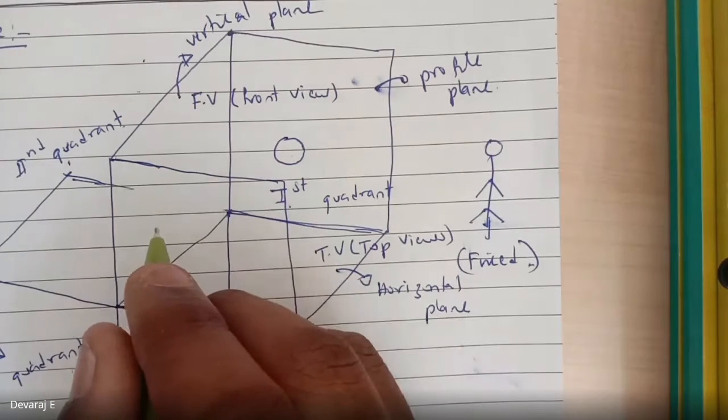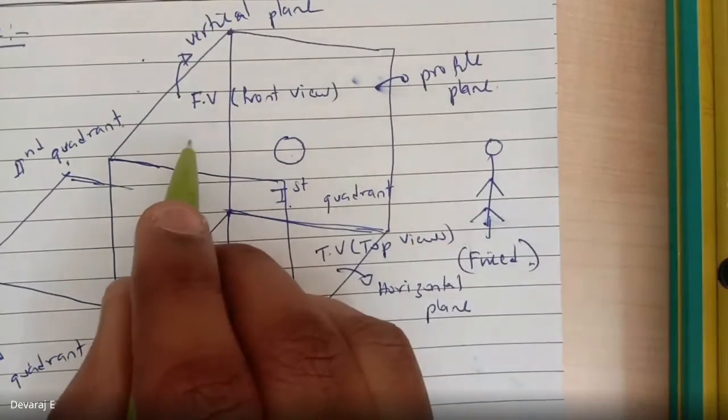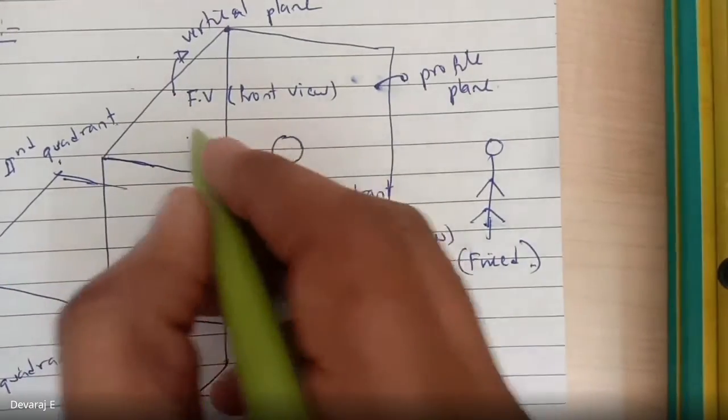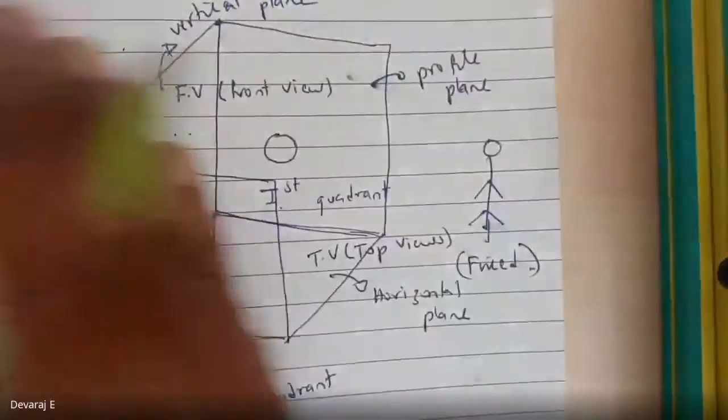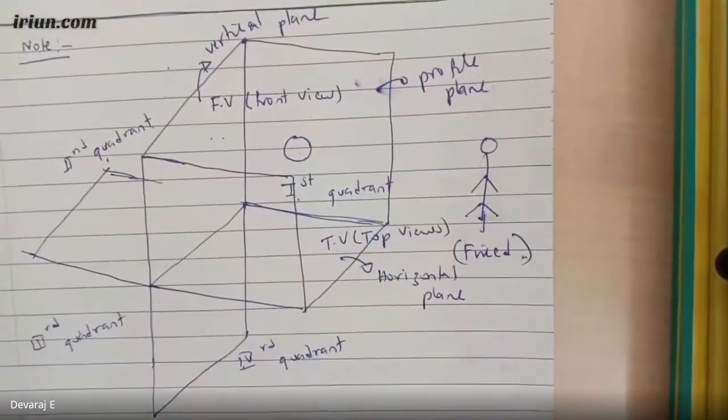The next thing you should remember is that the observer is fixed here. This is the VP.